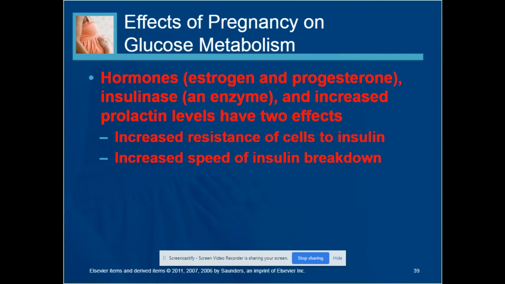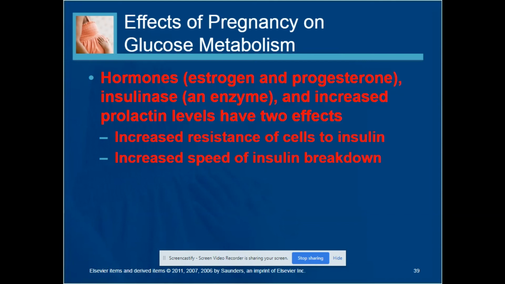The effects of pregnancy on glucose metabolism. So hormones like estrogen and progesterone, and insulinase, an enzyme, and increased prolactin levels have two effects. It can cause resistance of the cells to insulin and increased speed of insulin breakdown.